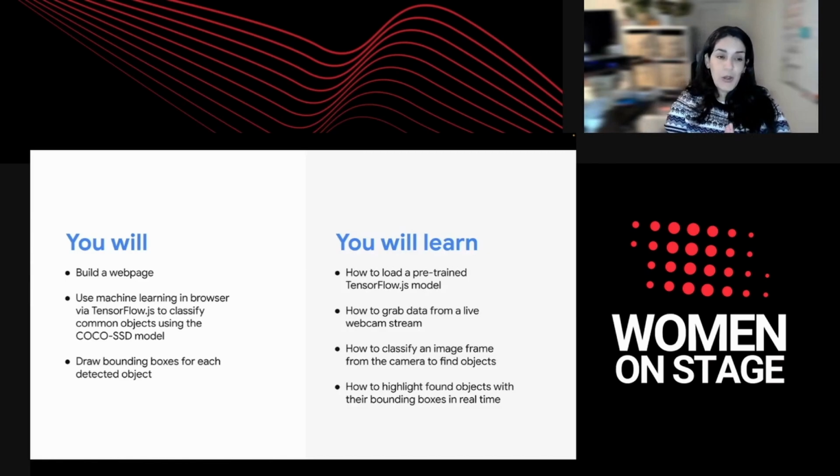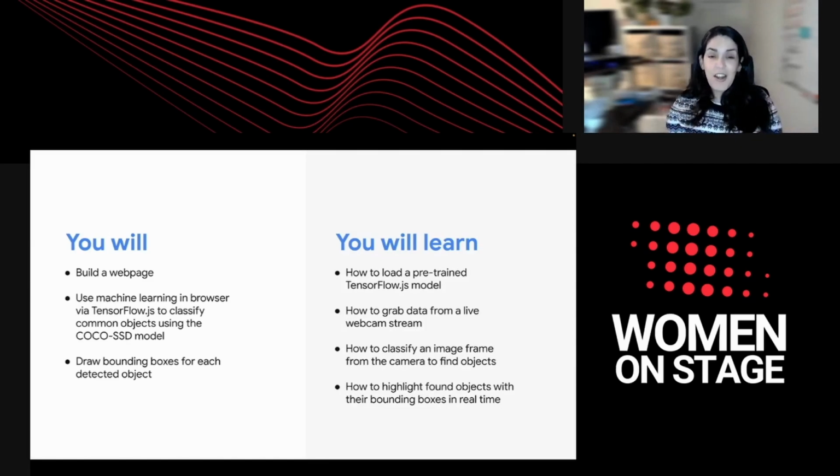If you follow along, you will be able to build a web page. You're going to be able to use artificial intelligence in your browser with machine learning, and we're going to classify common objects using this pre-made model called Coco SSD. And we're going to draw those bounding boxes that I told you about. And what is it that you will learn?